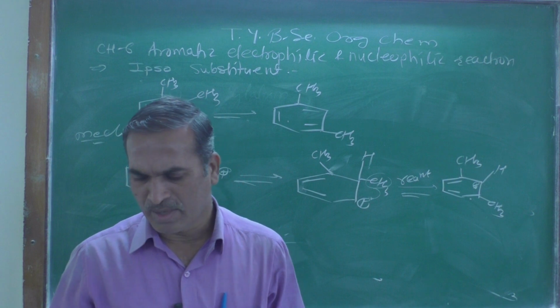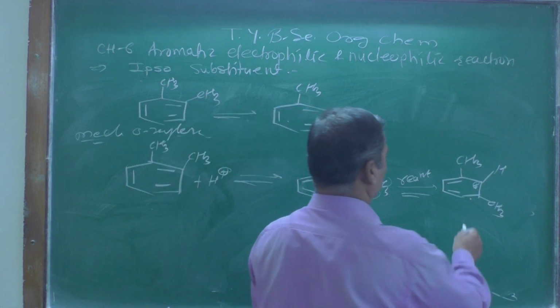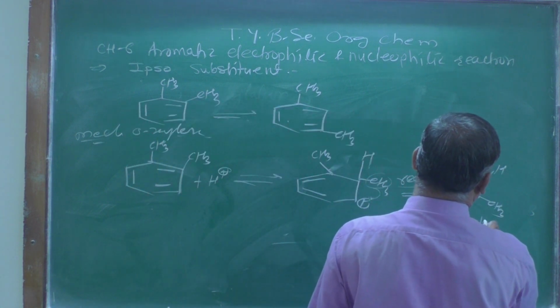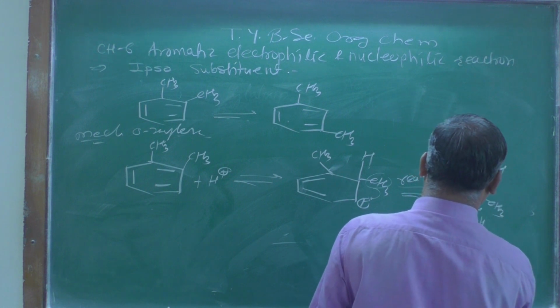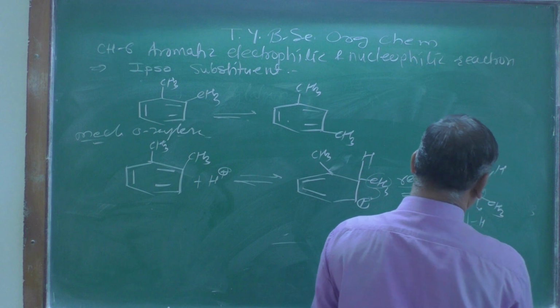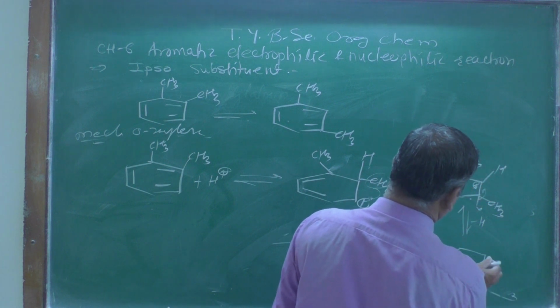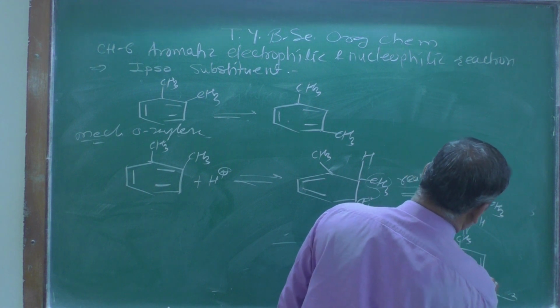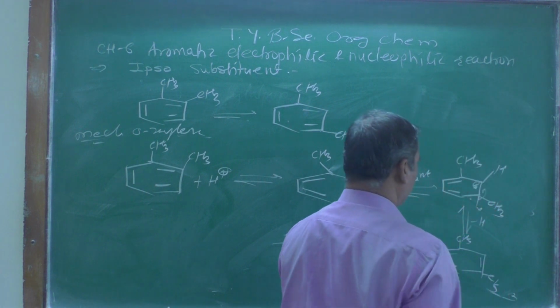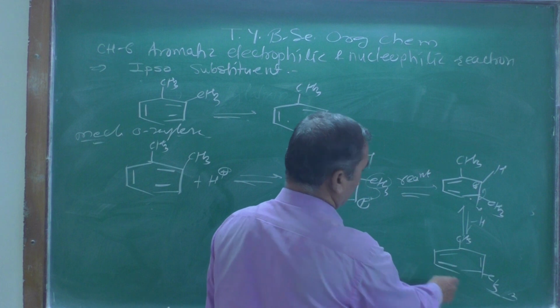Now by losing H plus, aromatization occurs, and we will get the desired product, that is meta-xylene, with CH3 and CH3 and this double bond.